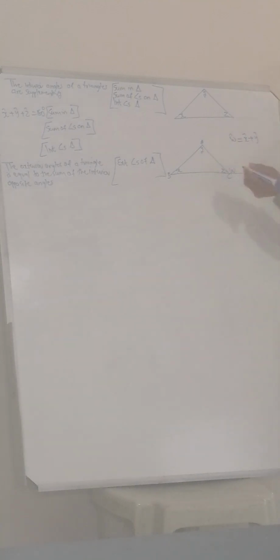We call that an exterior angle. So the sum of the two opposite interior angles is equal to the exterior angle.